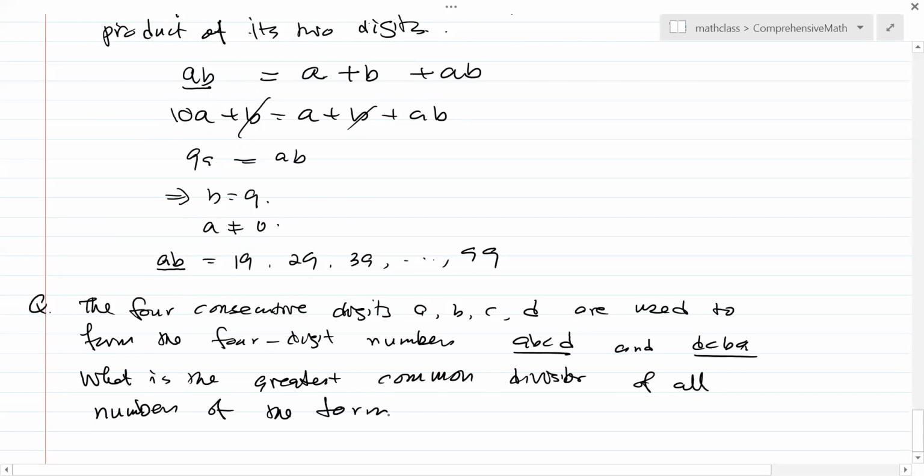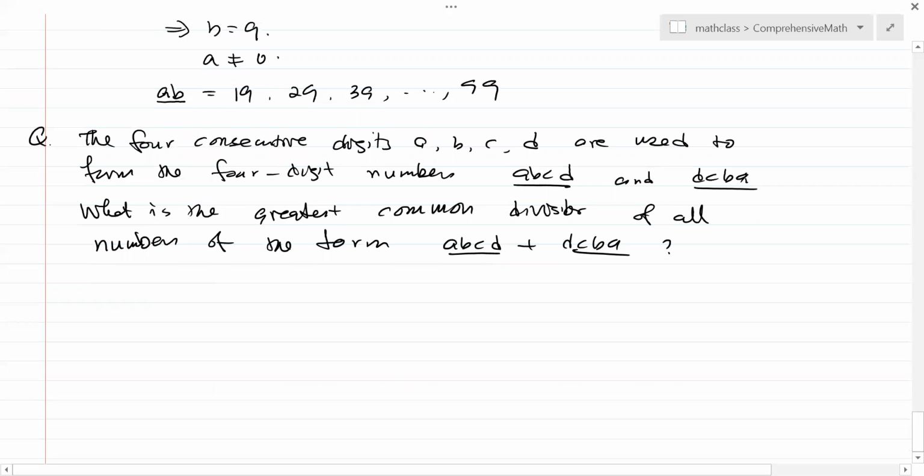Of the form ABCD plus DCBA. So, for example, like 1234 plus 4321, right? And that is going to be 5555.